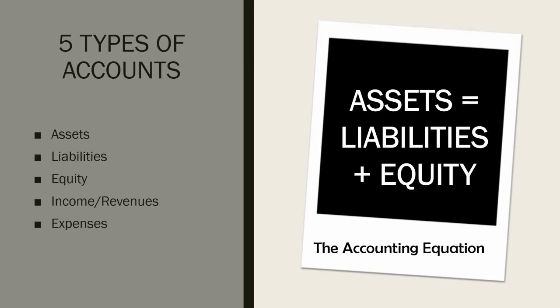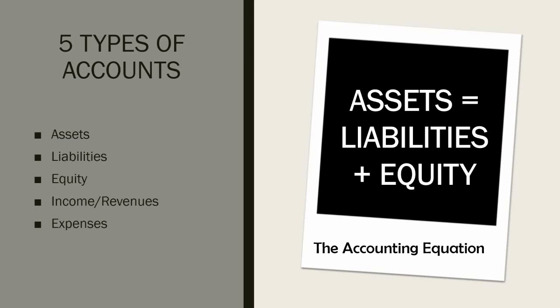thing that you should know is the accounting equation, which is going to be your assets are going to equal your total liabilities plus your equity, okay? So again, assets equal liabilities plus equity. This is going to be crucial, especially when we understand how to do our financial statements, because our balance sheet, which we'll talk about in chapter 6 when we do our reports, is actually going to reflect this exact equation.